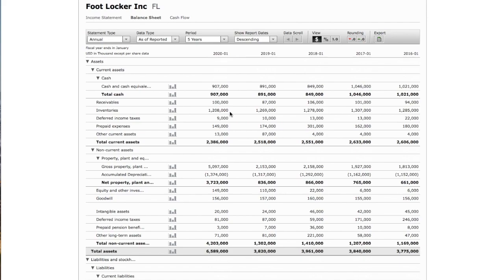This might seem like a lot considering Foot Locker's relatively small market cap of $2.4 billion, but it's completely normal in the retail industry to have a sizable amount of money tied up into inventory.